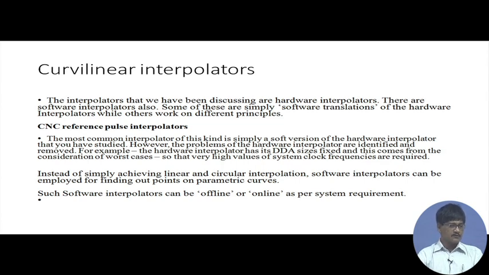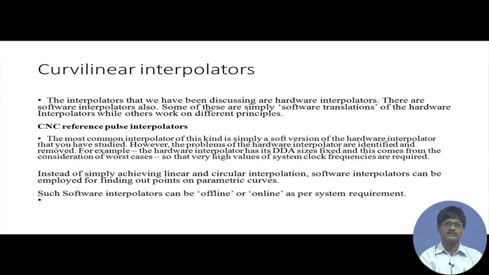So, in very many cases we can have a lot of flexibility in software interpolators, and that way we have the reference pulse interpolator working in software on the principle of the hardware interpolator. And instead of achieving just linear and circular interpolation, we can also have software interpolators for parametric curves.